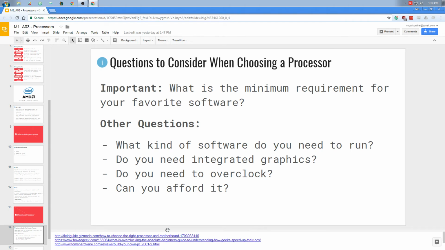And actually, sometimes this is the most important question of all. Can you afford it? Processors can range from $50 all the way to $500, and it's up to you in terms of what you need for your computer. So you really need to budget well. Remember, you have to buy other pieces for your computer, so spending $500 on a processor might destroy your budget right away.